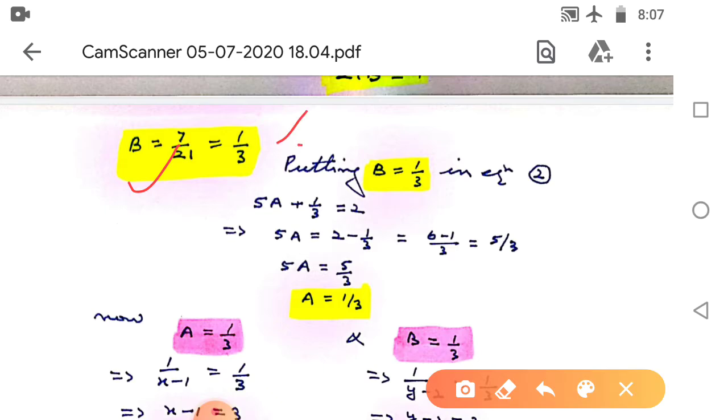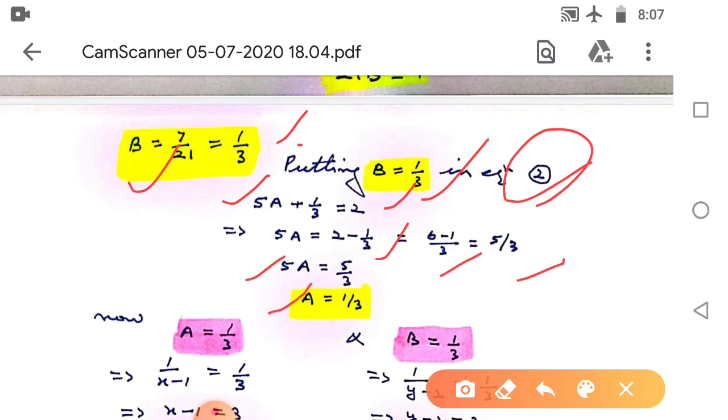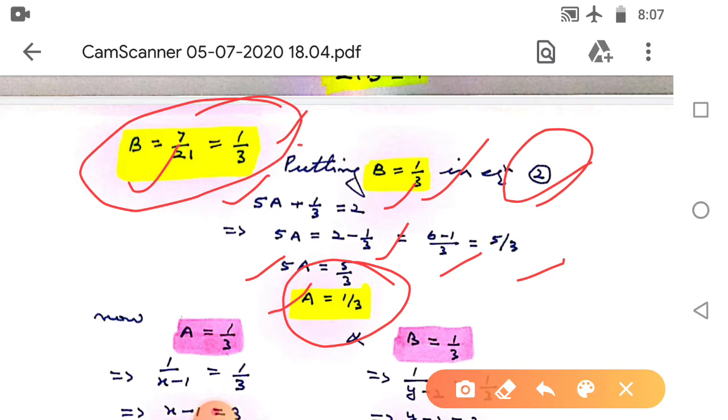Now after putting the value of b as 1 by 3 in one of the equations, that is equation number 2, it is 5a plus 1 by 3 is equal to 2. Now shift this 1 by 3 to the right hand side, it becomes 5a is equal to 2 minus 1 by 3, taking LCM, and by cross multiplication we get the value of a as 1 by 3. So the value of a is 1 by 3, the value of b is 1 by 3 here.